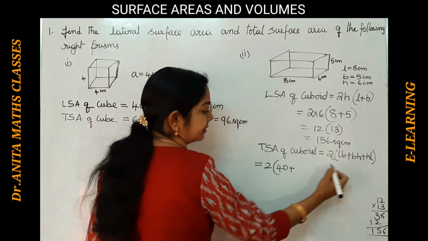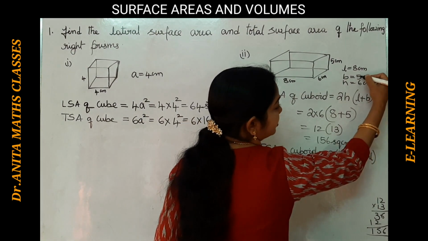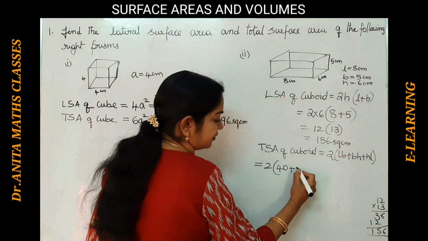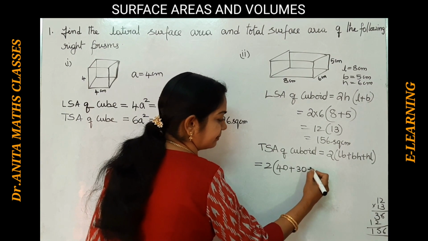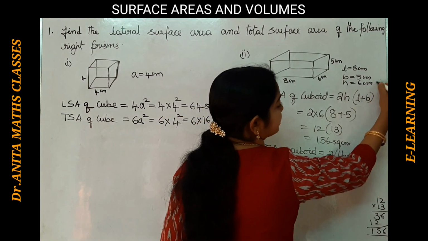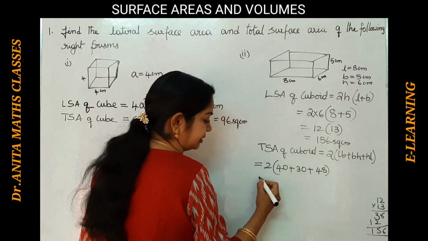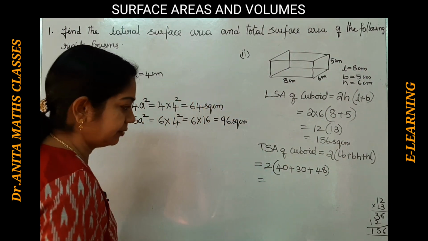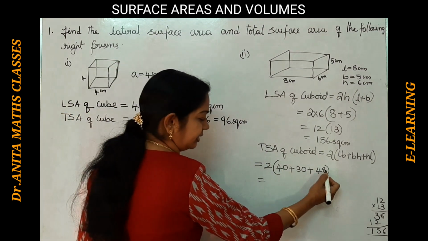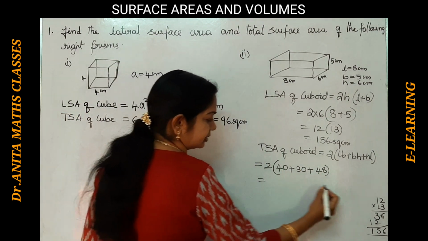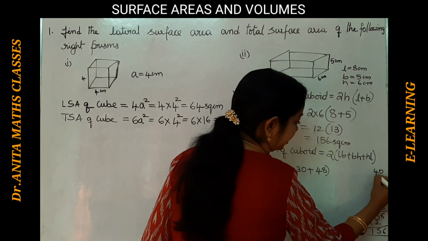You multiply and write directly. B into H, 5 into 6, 5 6s are 30. Plus H into L, 6 8s are 48. Directly multiply and write here. Okay, so we'll add these, just adding 40, 30, 48 here.